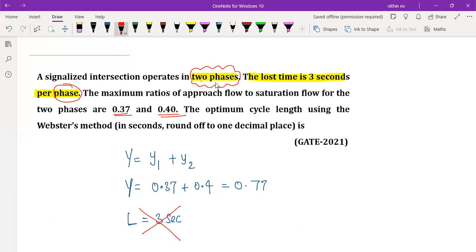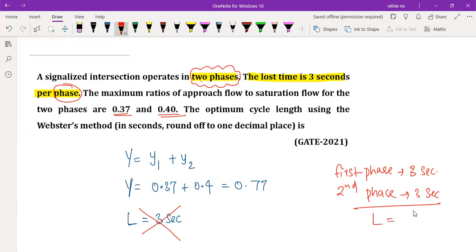It's a two-phase signal, which means for the first phase we have 3 seconds lost time, and for the second phase again a 3-second lost time. Then in total, in the cycle, we have 6 seconds lost time. Understood? So capital L is going to be 6 seconds.